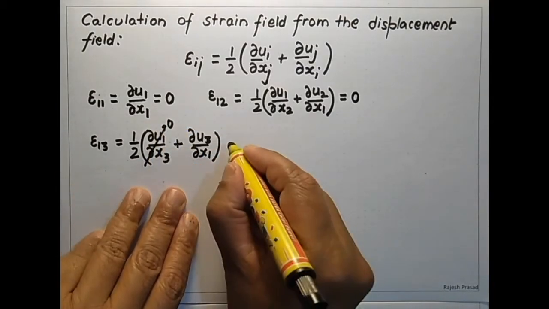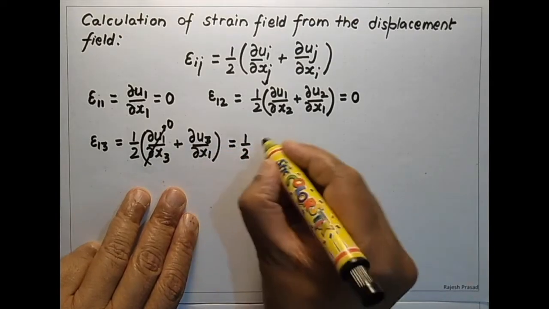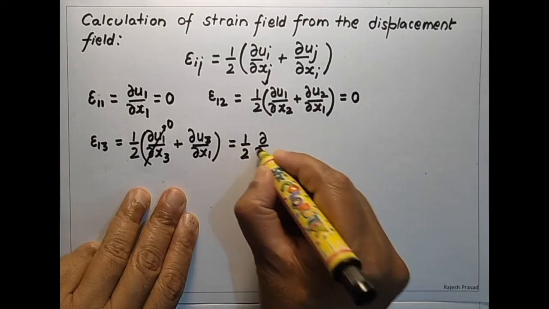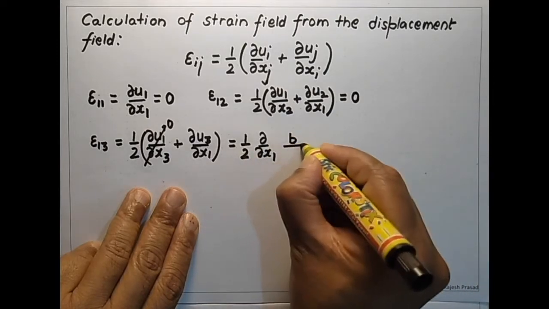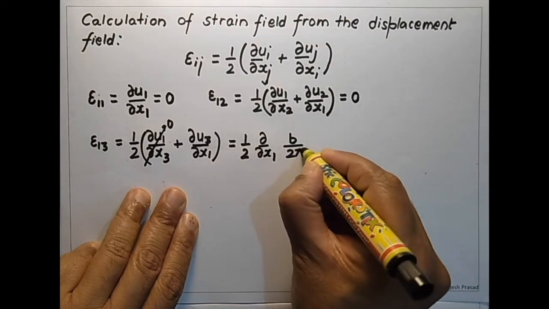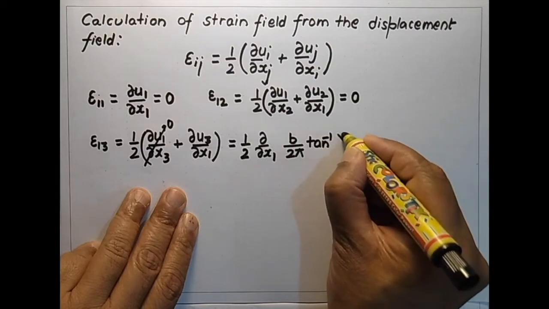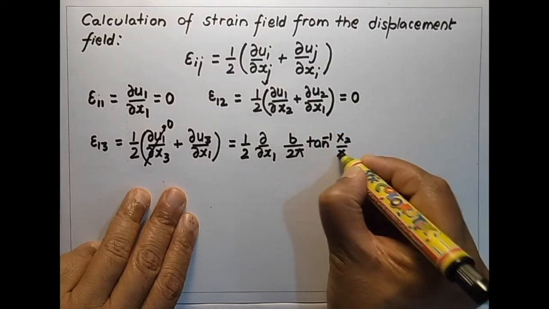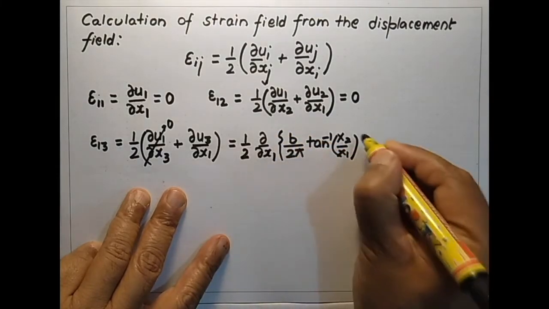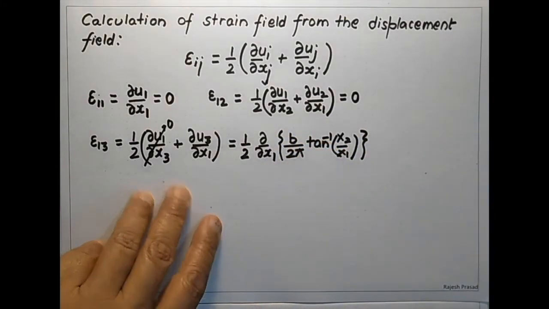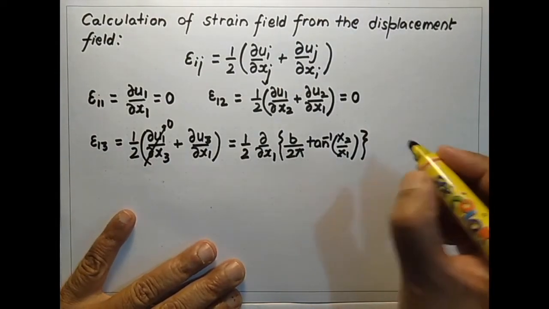The second term will give us a strain component, half of del by del x1 of u3, and u3 was b by 2 pi tan inverse x2 by x1. So we have to differentiate this with respect to x1 to get the strain component.